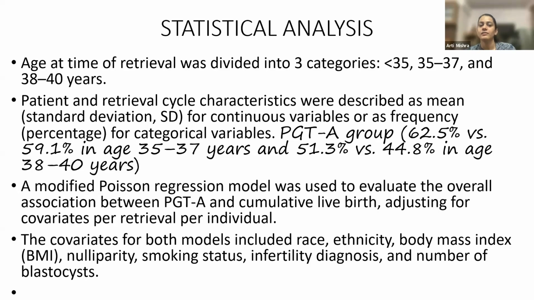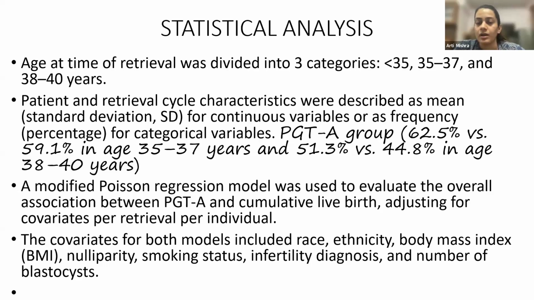Statistical analysis: at the time of retrieval they were divided into three categories: less than 35 years, 35 to 37 years, and 38 to 40 years. Patient and retrieval cycles were described as mean for continuous variables and frequency for categorical variables.